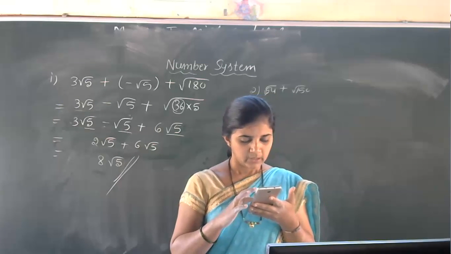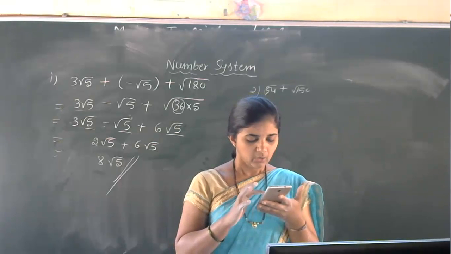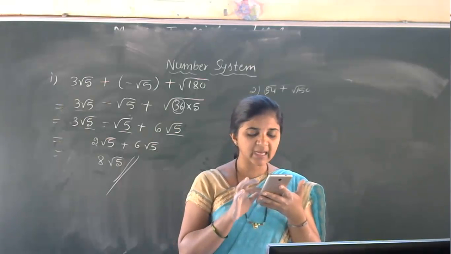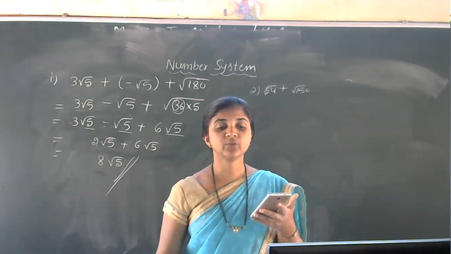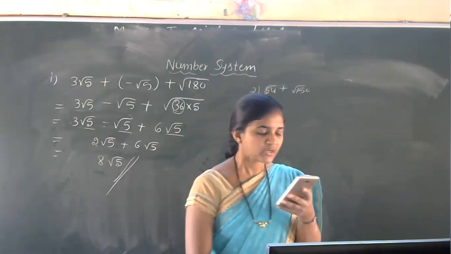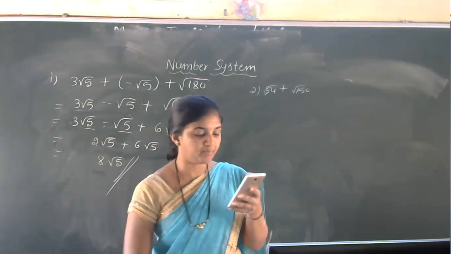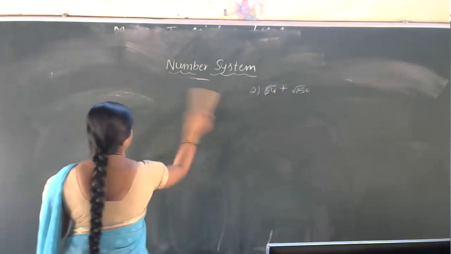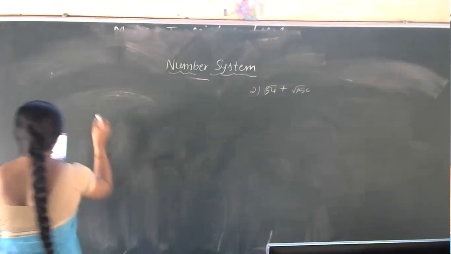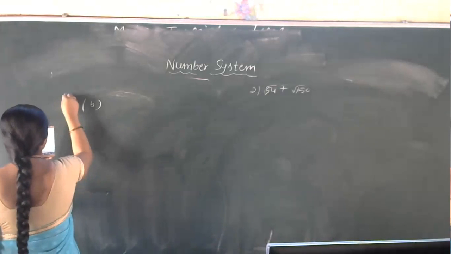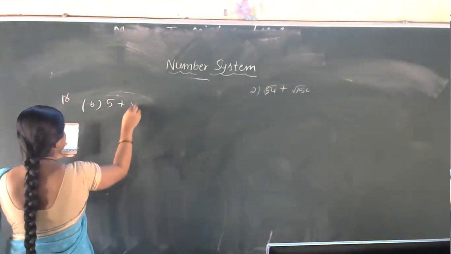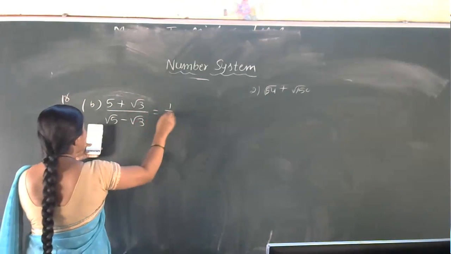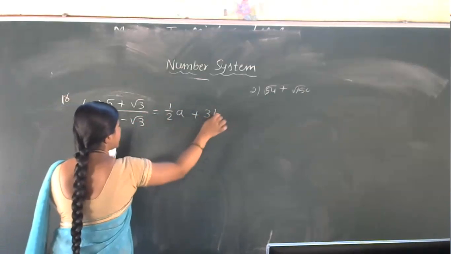Okay, see which question. Question number in the sheet: question number 18, second one, B. In that B, 5 plus root 3 divided by root 5 minus root 3 is equal to half A plus 3B root 15.